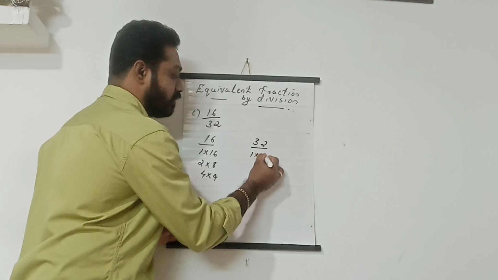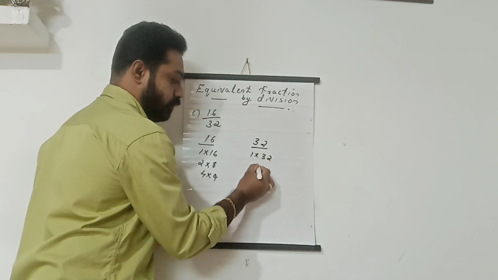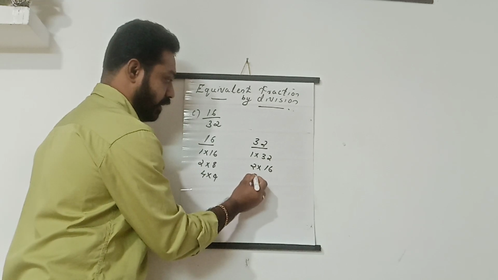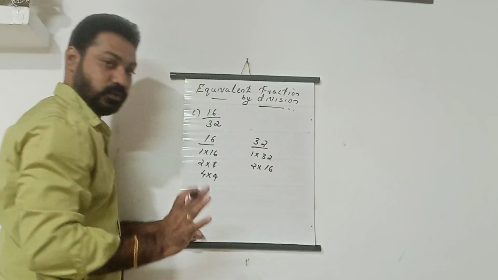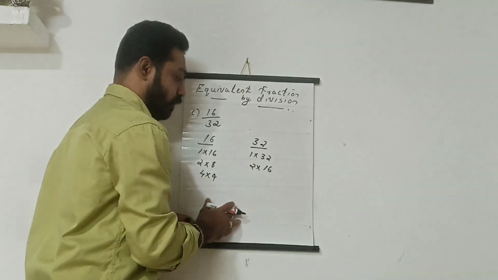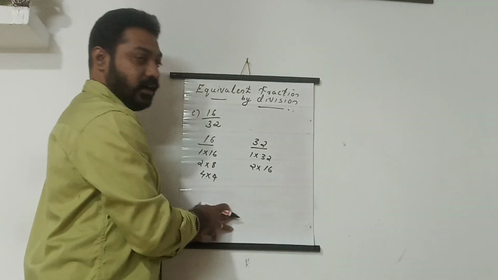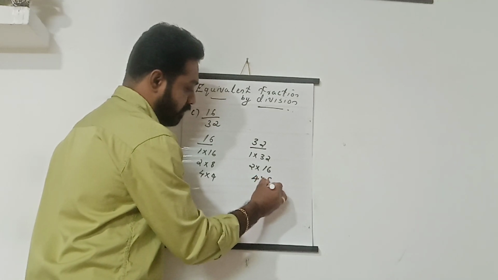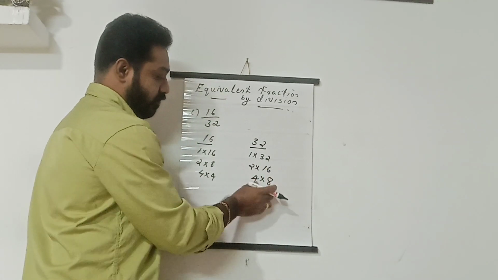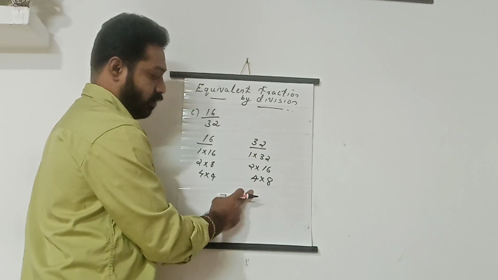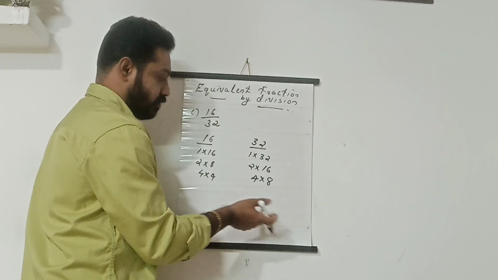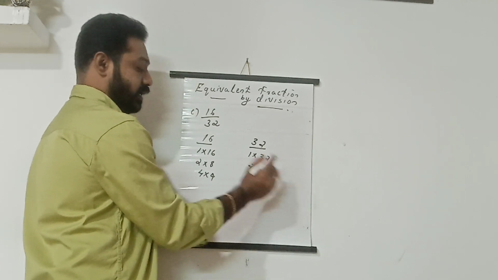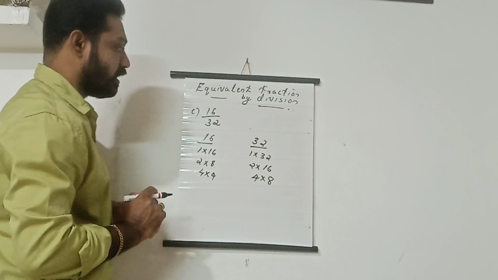For 32: 1 into 32, 2 into 16, okay, then 3 is not there, 3 plus 2 is 5, so this is not a factor of 32, it is not in the table of 3. Then 4 8s are 32, isn't it? 5 is not there, 6 not there, 7 not there, then 8, which we already have. So these are the factors of 16 and 32.